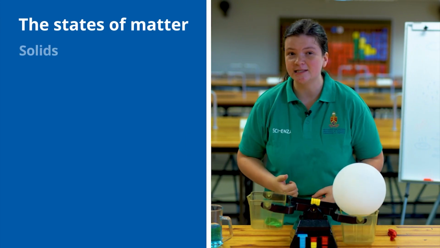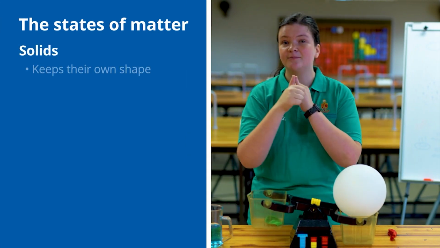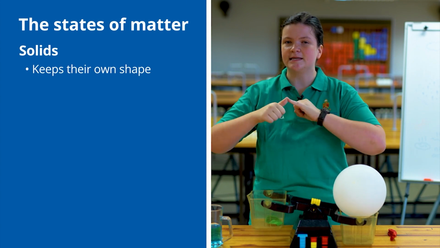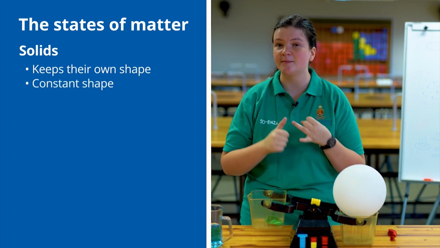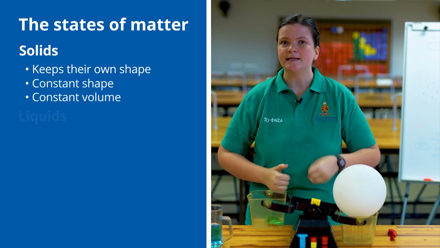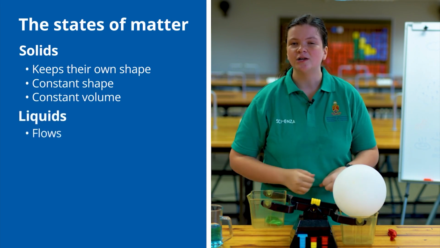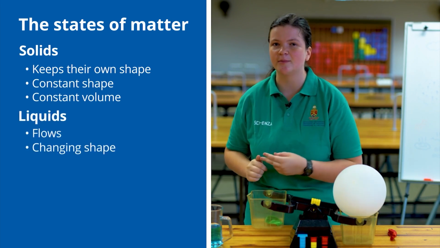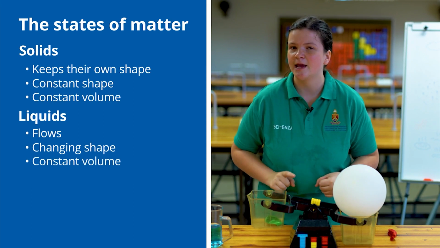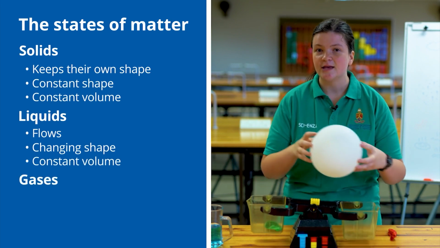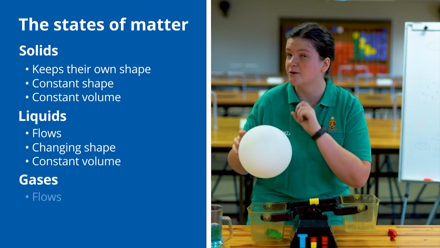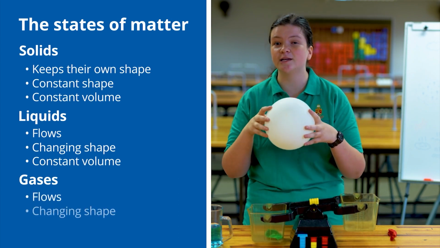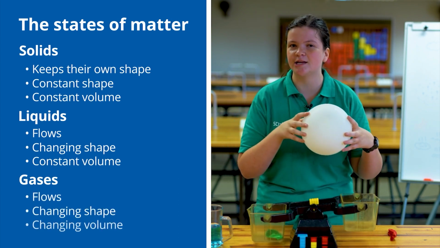So solids can keep their own shape, which means that they have a constant shape and a constant volume. Liquids can flow, so they have a changing shape but a constant volume. And gases, which can technically also flow, have a changing shape and a changing volume.